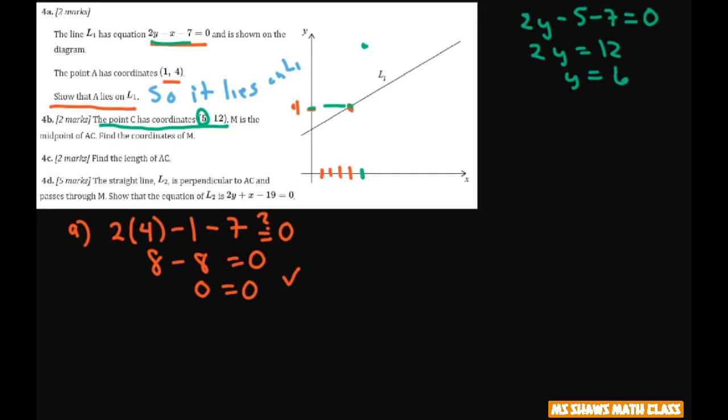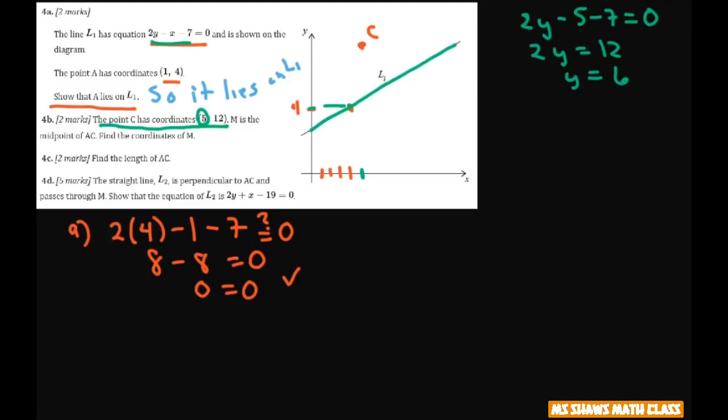That means 6 is below this line here, so let's put it up here. We're just estimating. So this would be (5, 12), and this is point C.